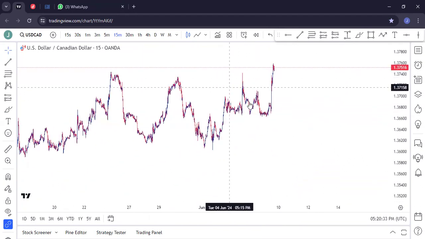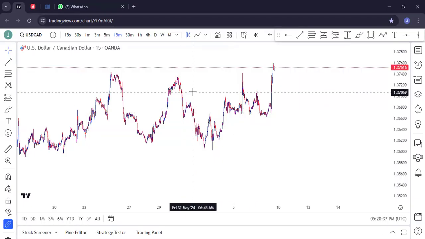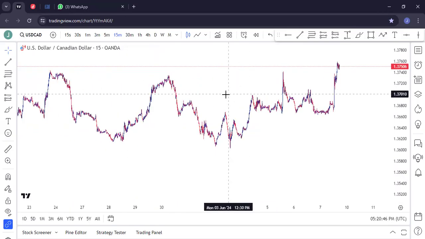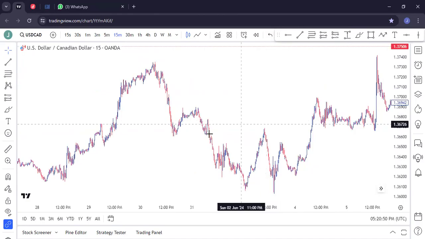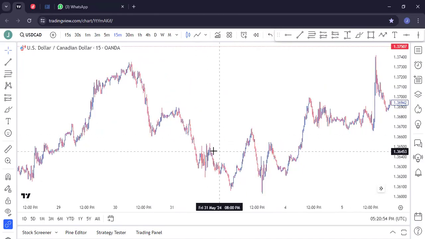Now this is USDK, the 15-minute chart. Let me show you some of the entries I took myself using this concept of liquidity engineering.